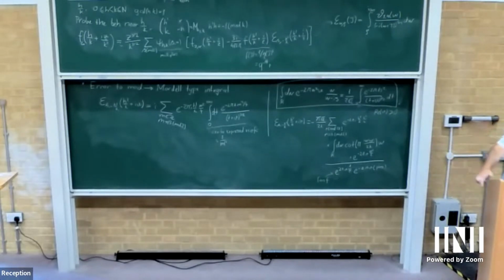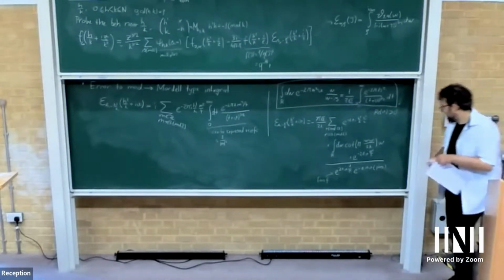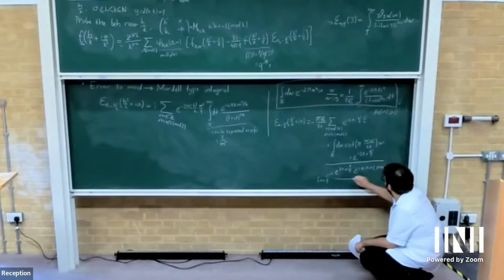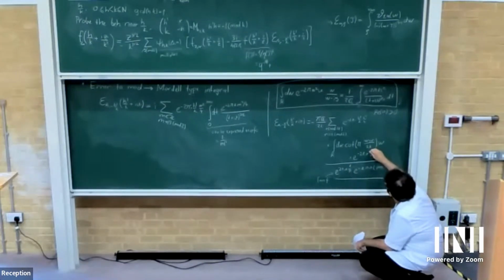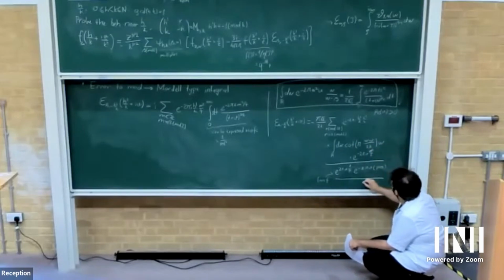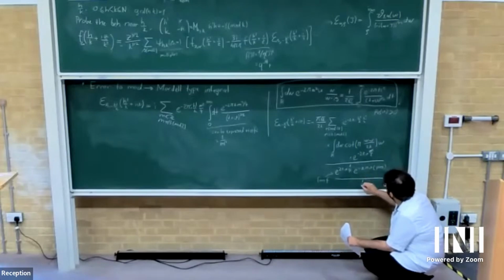Now you clearly see which parts are exponentially growing. The exponentially growing parts are from 1 over 4 minus W squared over 4.